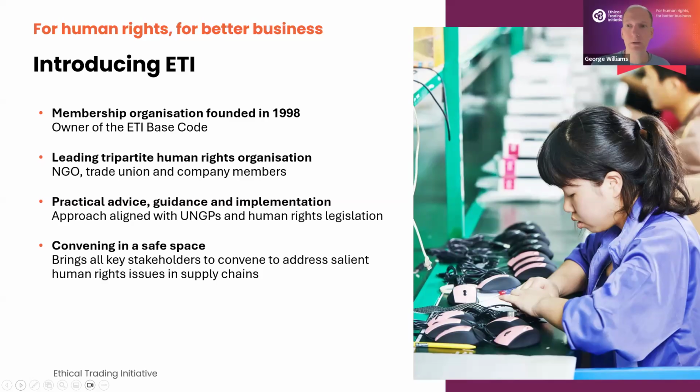And that tripartite structure is reflected at our governance level as well. We aim to provide practical advice and guidance on the implementation of human rights due diligence in global supply chains, and we convene our members and wider stakeholders in a safe space to support them to address the most salient human rights issues in their supply chains.